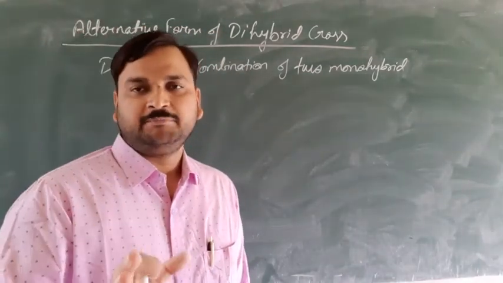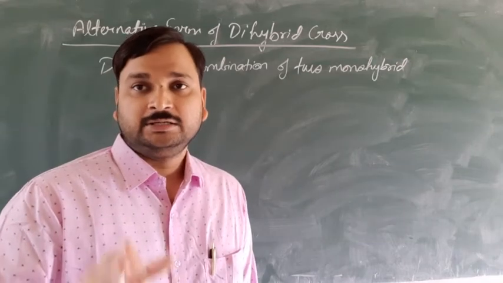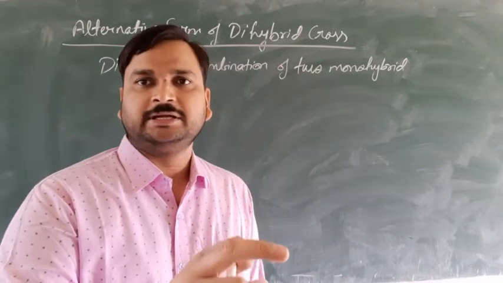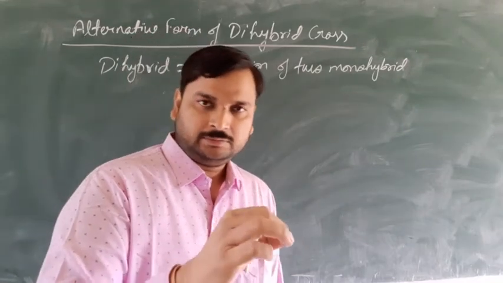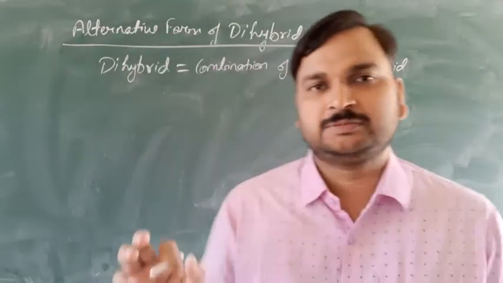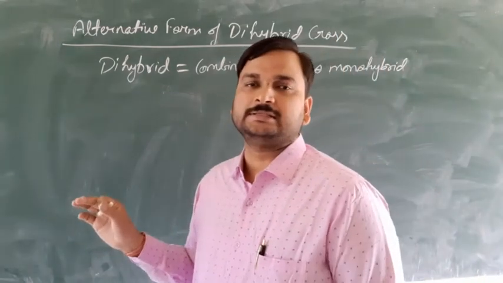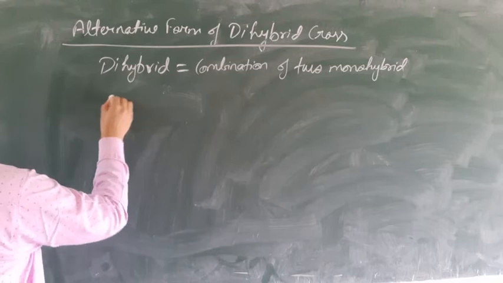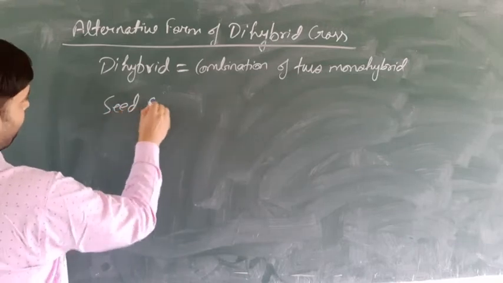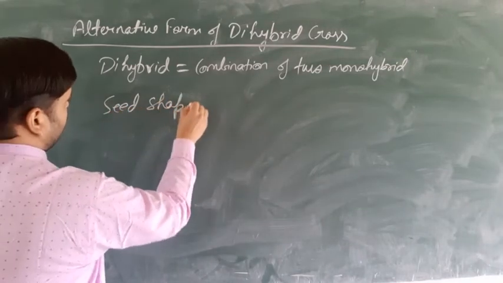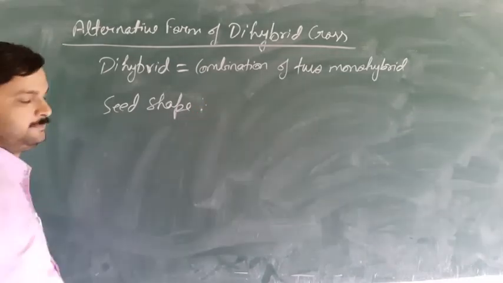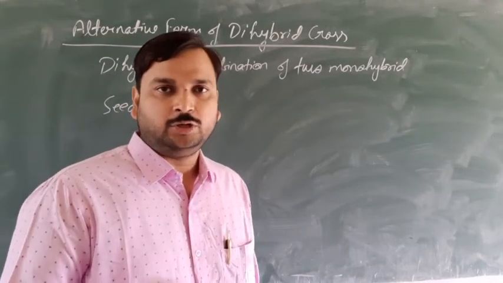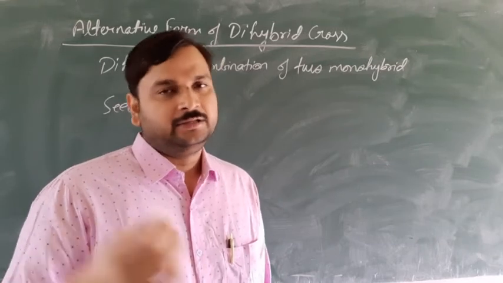You know the example taken by Mendel was seed shape and seed color. Now you treat both these characters as individual characters, that is, as monohybrids only. If you take seed shape, in the case of seed shape, round is the dominant trait and wrinkled is the recessive trait.